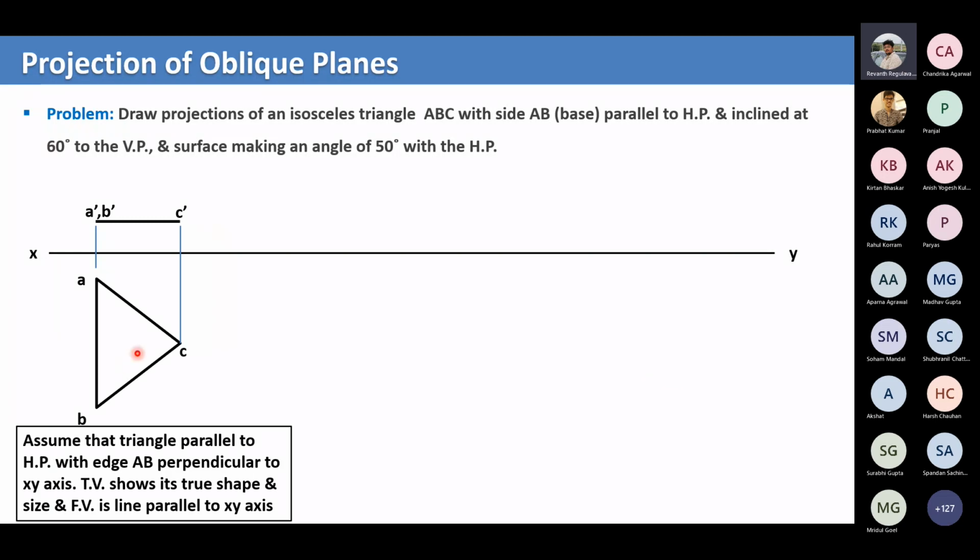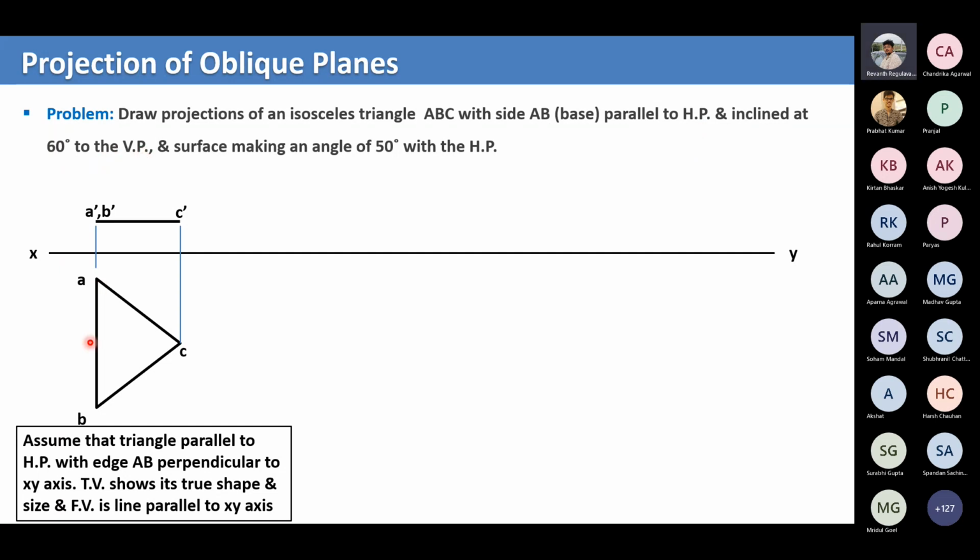The projection of an oblique plane. Okay, so this is the triangular plane which was chosen. Now this triangle is a straight line here when you see it parallel from one of the edge. Okay. So let us see first what are the angles. So this is an isosceles triangle. See, it is given that AB is parallel to HP and inclined at 60 degrees to the VP.